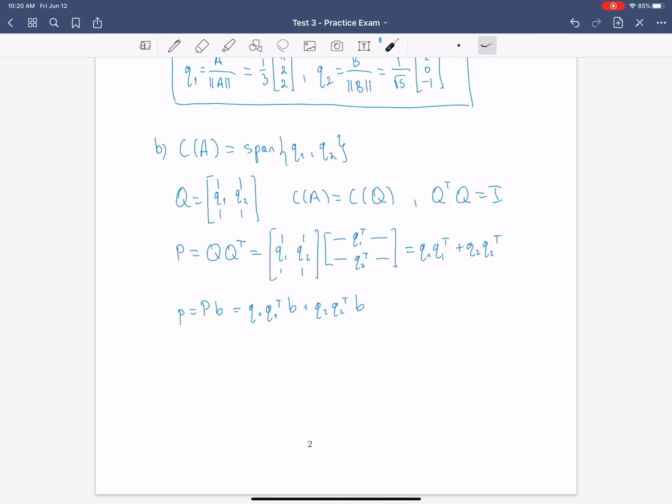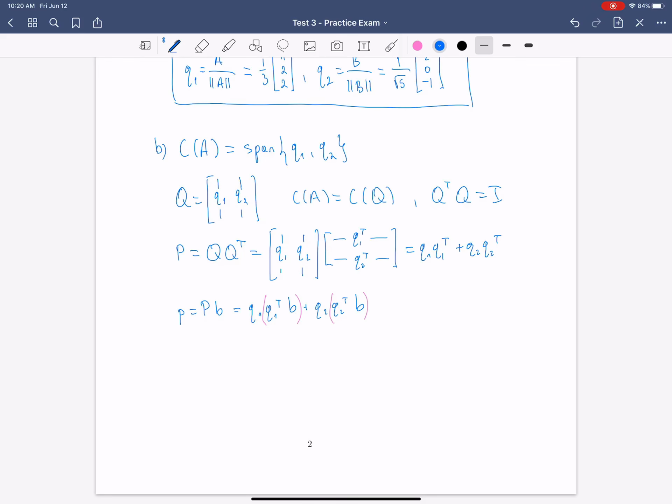So I will compute this number and then I'll multiply Q1 by that number. I will compute this number and multiply that number by Q2. I'll add those two vectors and I will have my answer. So I will want to compute like this. Of course, you could first compute the matrices, but that would be a waste of computational time.